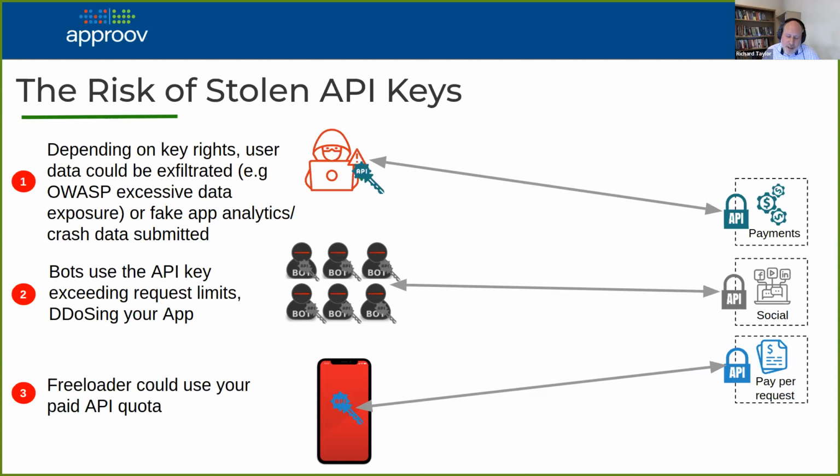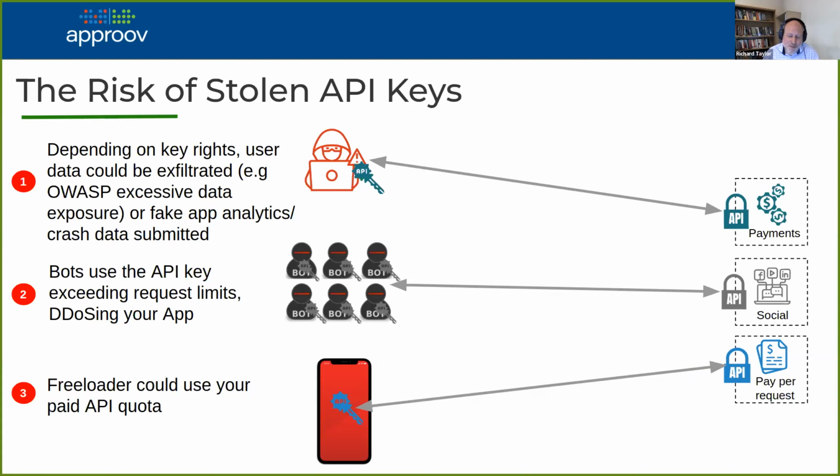There's the issue that generally, if you have any kind of API key on the back end, then there's going to be some kind of quota associated with it. So you can't make an infinite number of API calls. There's going to be a certain number of API calls that you could make per day, perhaps. And if that API key is extracted and bots or scripts start making those API calls, very quickly your quota could be used up.